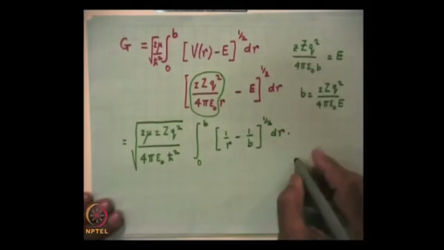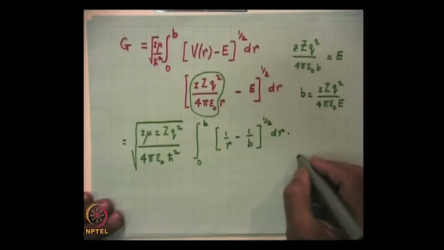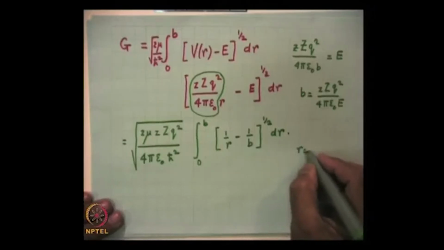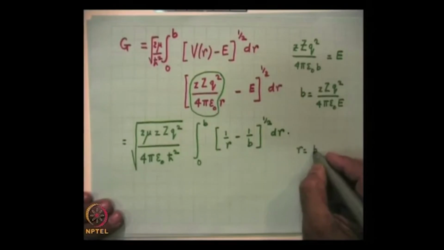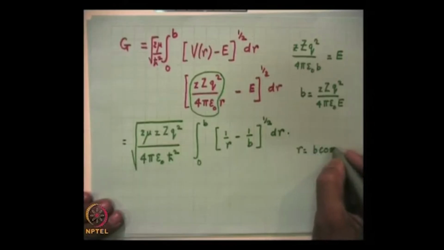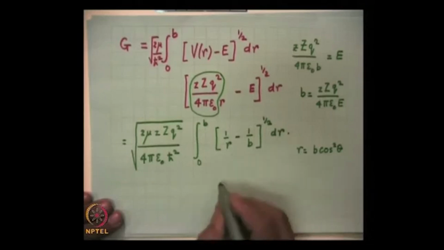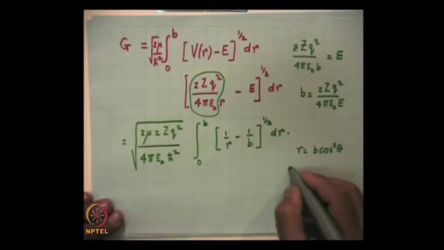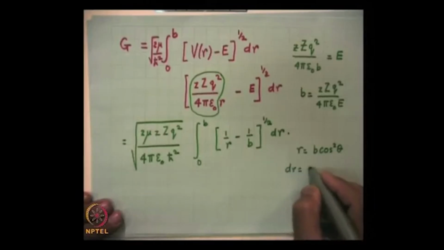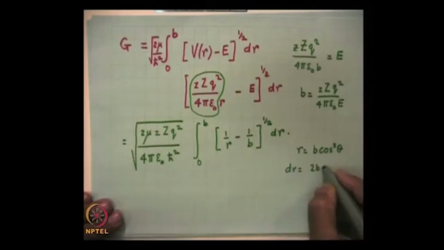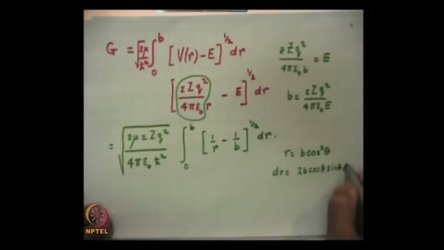So, we write down r is equal to, although it is a very simple integration, r is equal to b cos square theta. So, I will just consider the integrand. So, dr becomes 2b cos theta sin theta d theta with a negative sign.